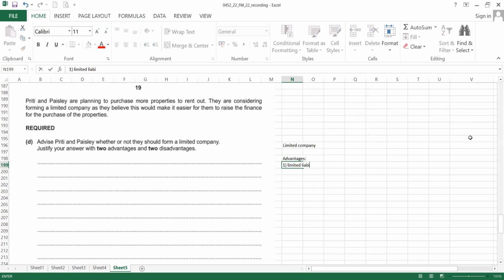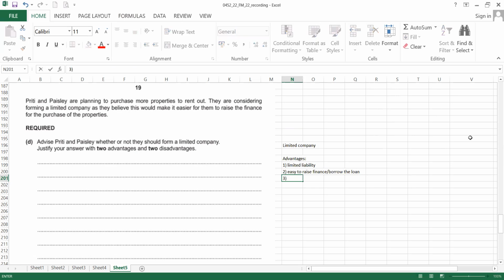That is the main reason people want to form a company. Second, a limited company is normally easier to raise finance or borrow a loan.